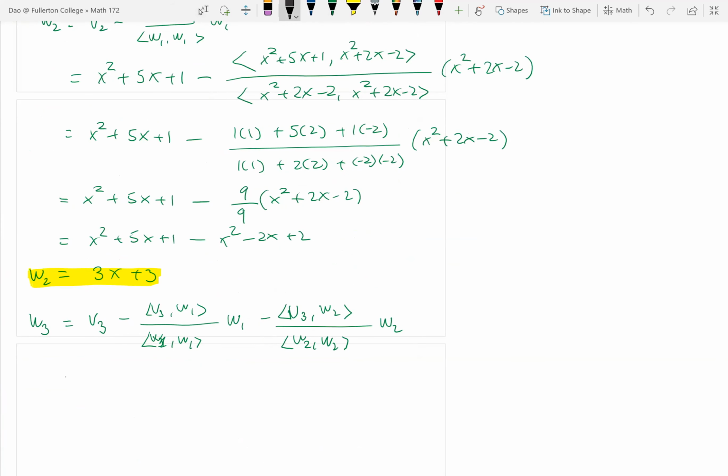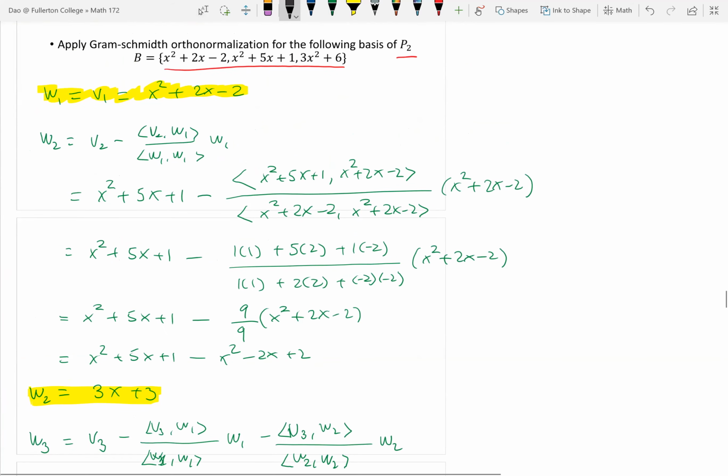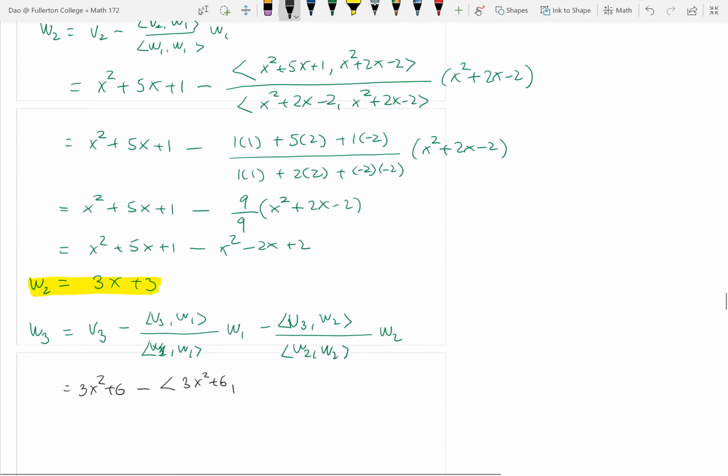So I get 3x squared plus 6 minus the inner product of 3x squared plus 6 with x squared plus 2x minus 2, divided by the inner product of x squared plus 2x minus 2 with itself, times x squared plus 2x minus 2.